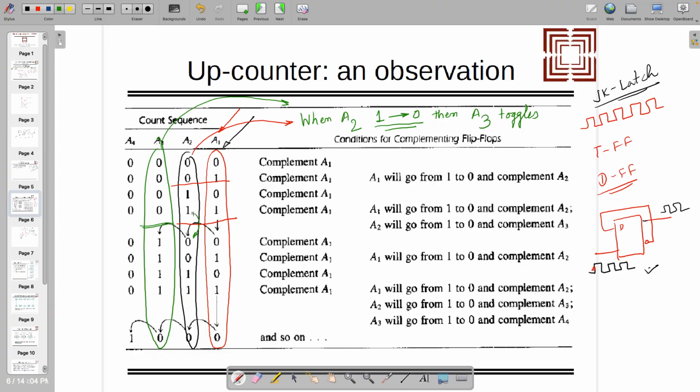When A2 goes from 1 to 0, and you can look at all different conditions till 16, right? You will see that whenever it's changing from 1 to 0, then A3 gets toggled, right?